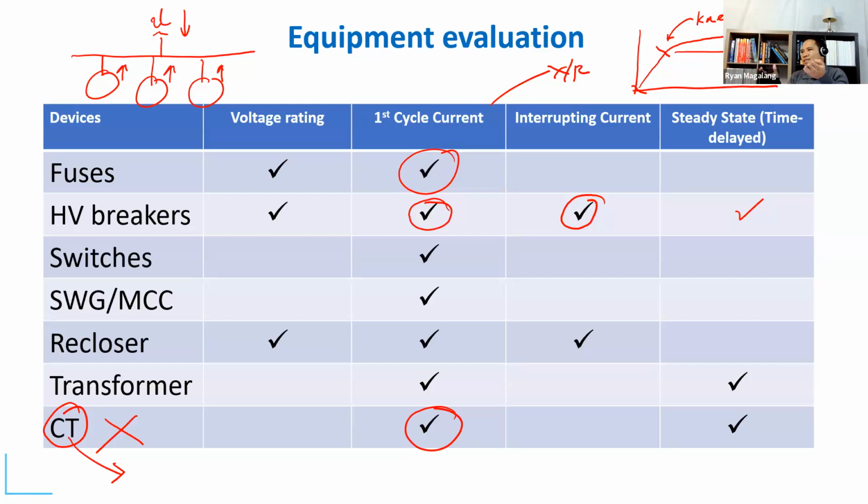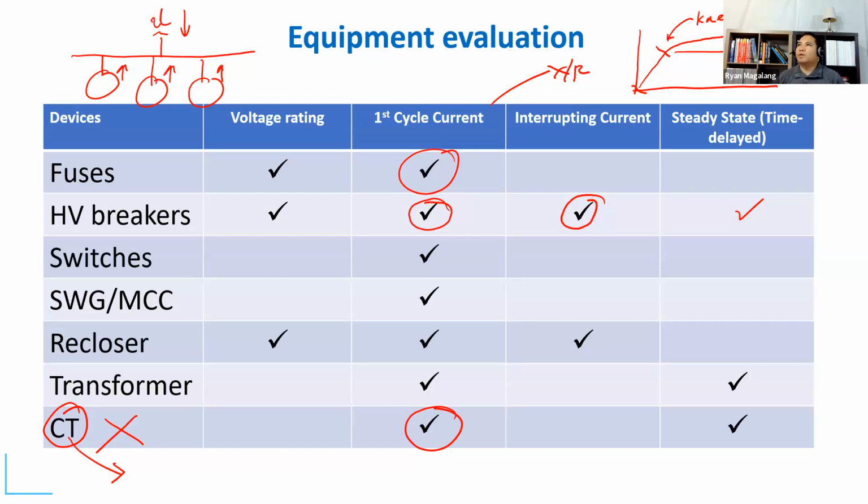So, hindi naman justified na bumili ka ng, I don't know, $3,000 na relay para protektahan yung $500 na motor. So it's not justified. But in general sa facility, makikita natin yung combination ng relays, breakers, and fuses.